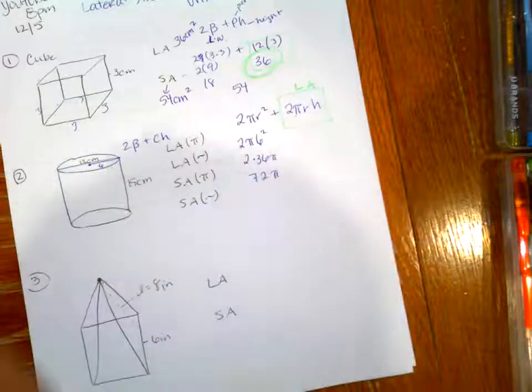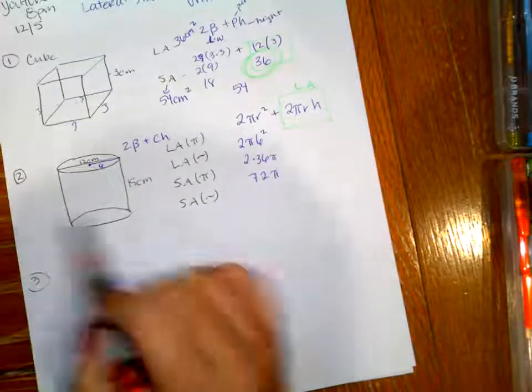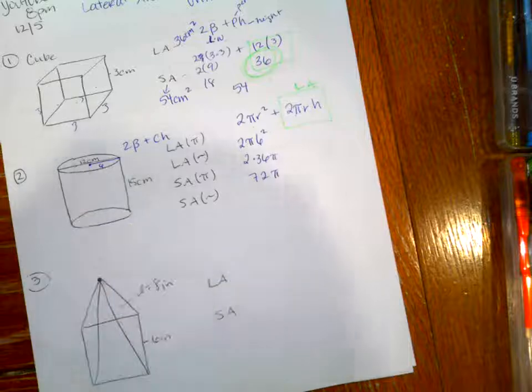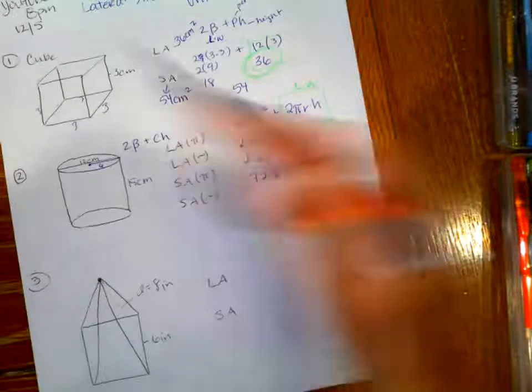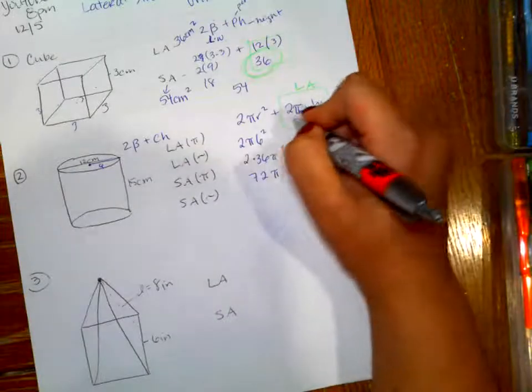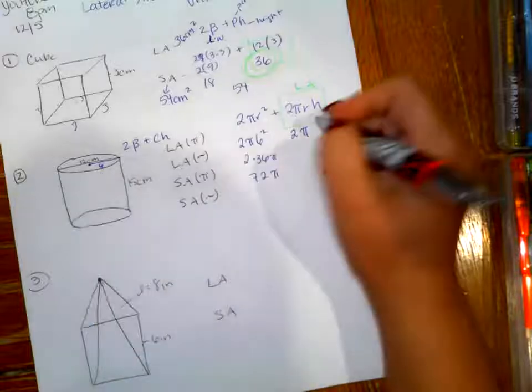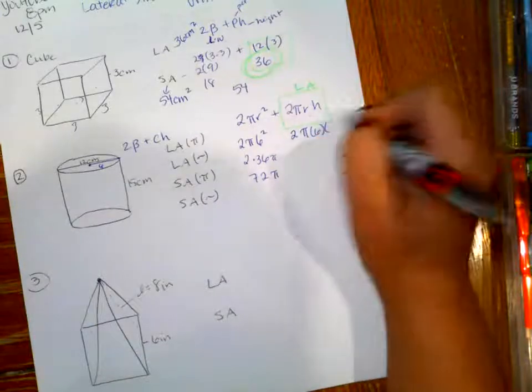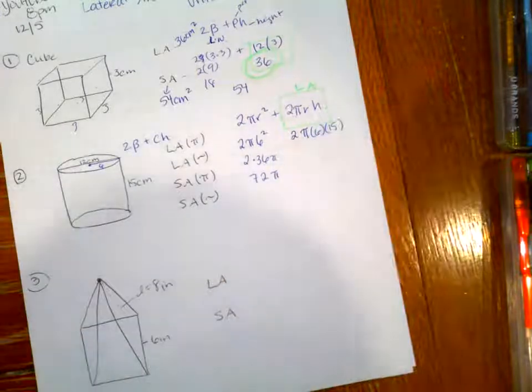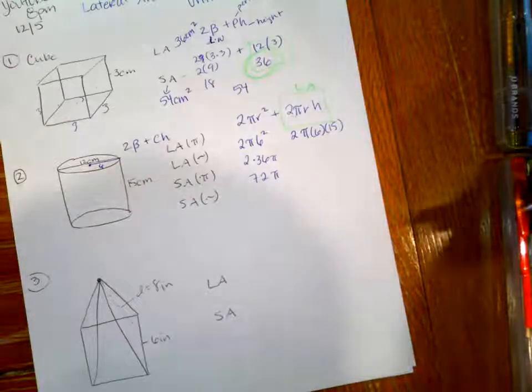All right, all I found right now is the area of my bases. Let's do this part. 2 pi rh, so that is 2 times pi times the radius, which is 6, times the height, which is 15. And then you just multiply them all together.